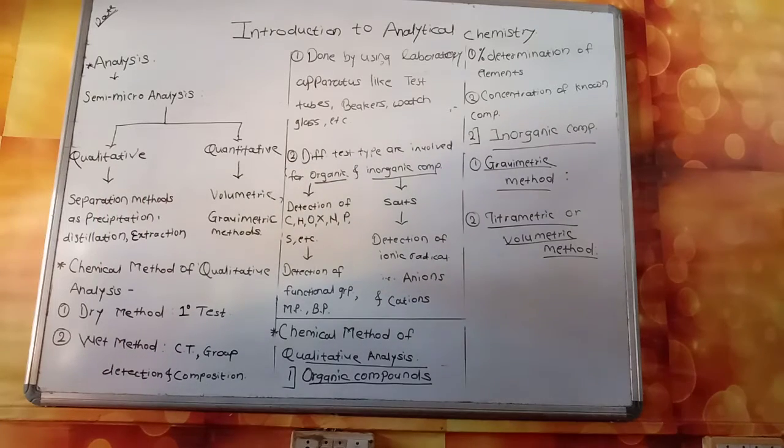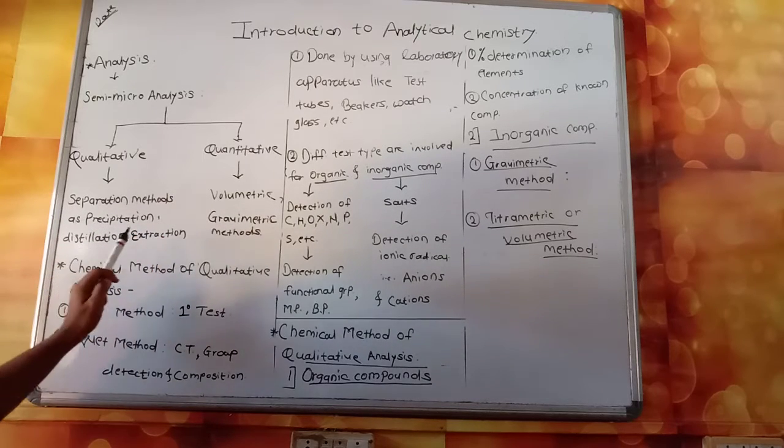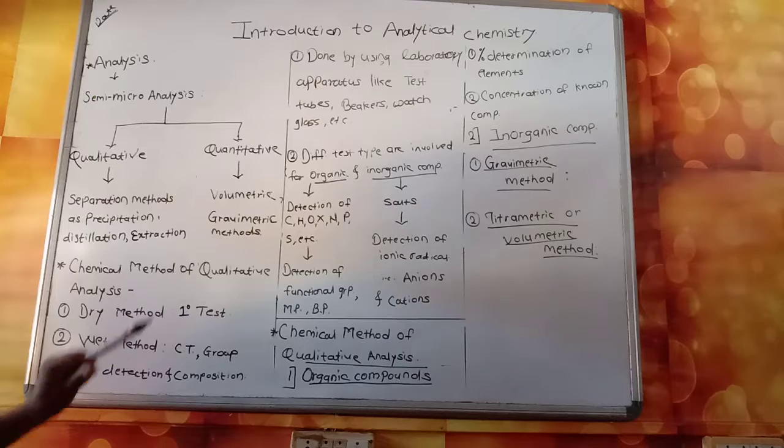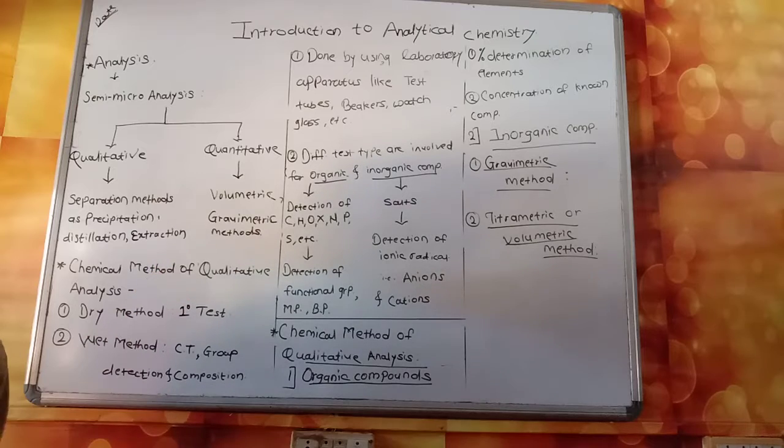Okay, so qualitative analysis is done by using separation methods like precipitation, distillation and extraction method, while the quantitative analysis is done by using volumetric or gravimetric method.